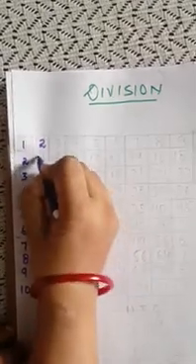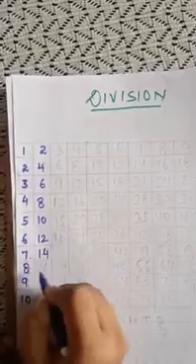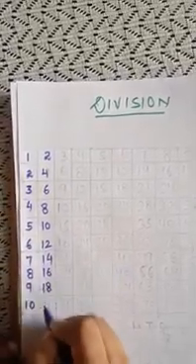Now let's start with the table of 2: 2, 4, 6, 8, 10, 12, 14, 16, 18, 20.